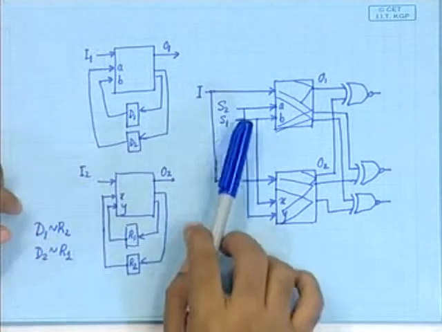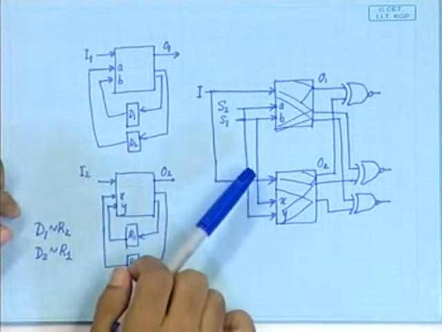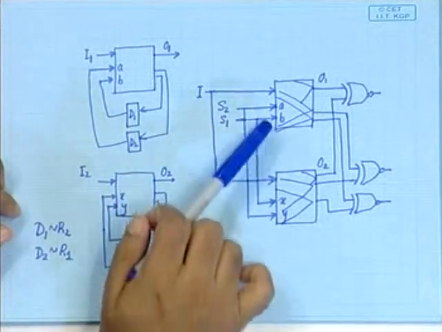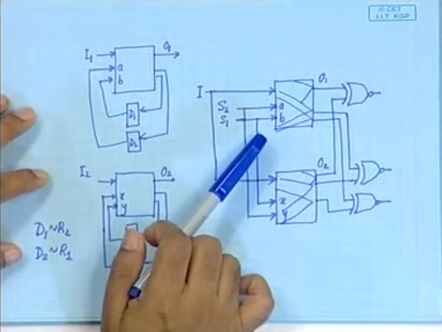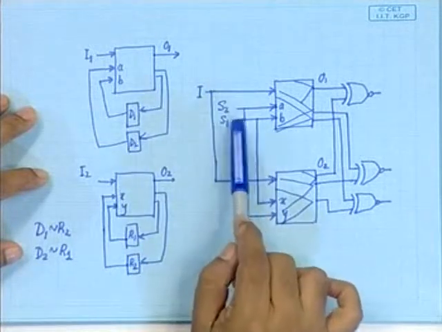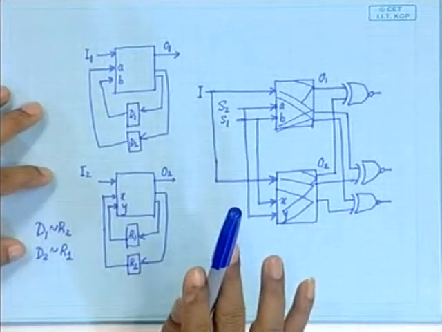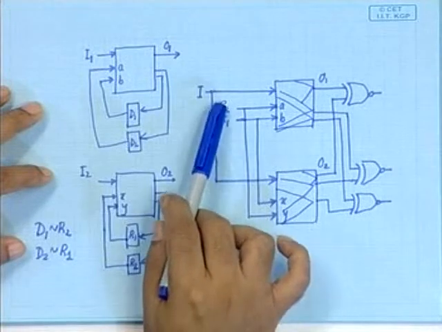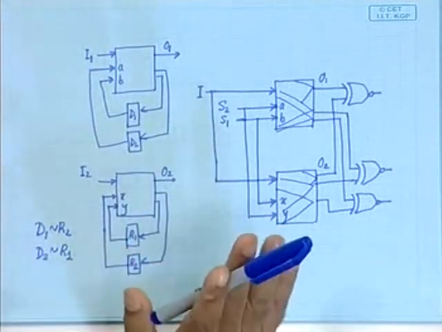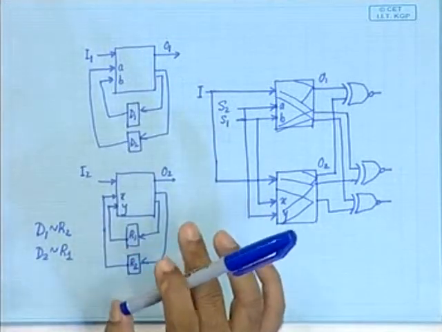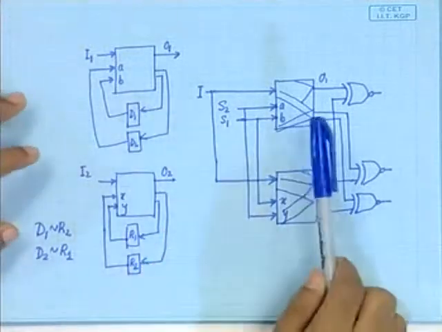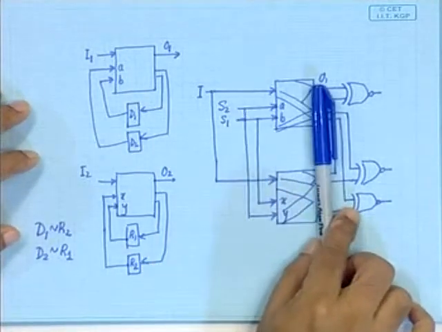That is why I am tying up these two and these two. Once you have done the tying up between the corresponding registers, you can treat these as independent inputs, and then check for combinational equivalence.